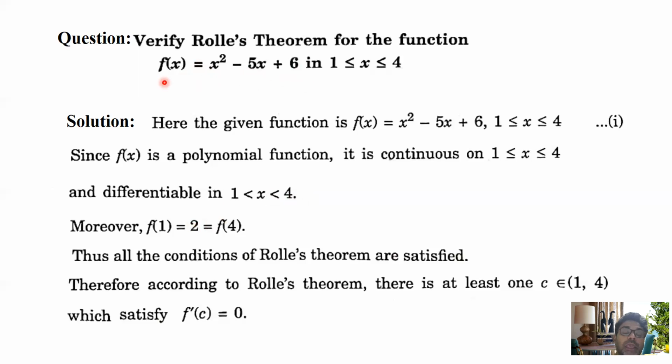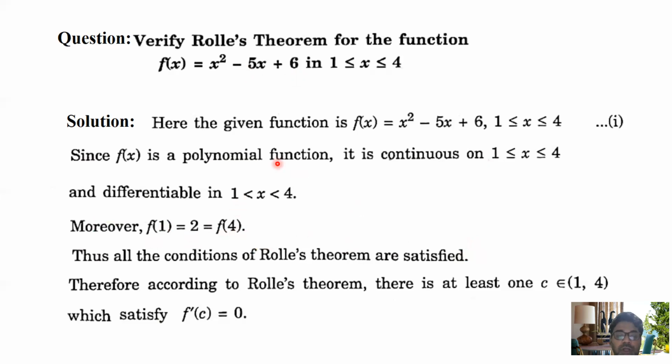And f4 is equal to 16 minus 20 plus 6. 16 plus 6 is 22, minus 20, that is 2. So from here it is clear, fa is equal to fb. So thus all conditions of Rolle's theorem are satisfied.